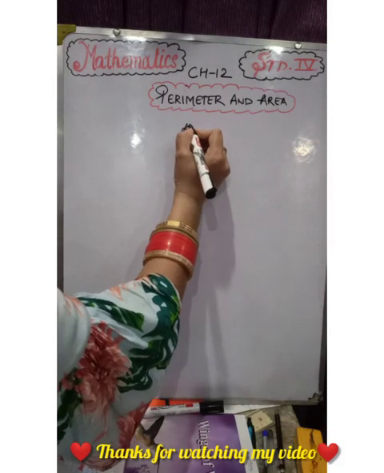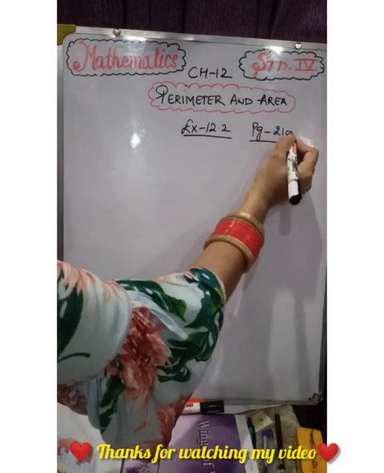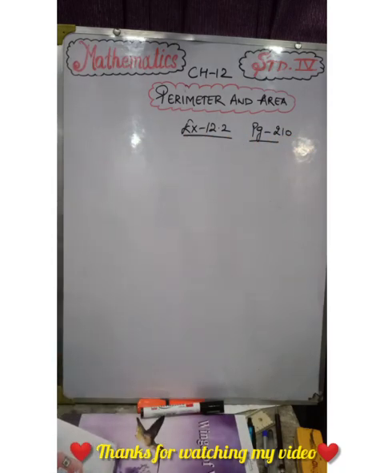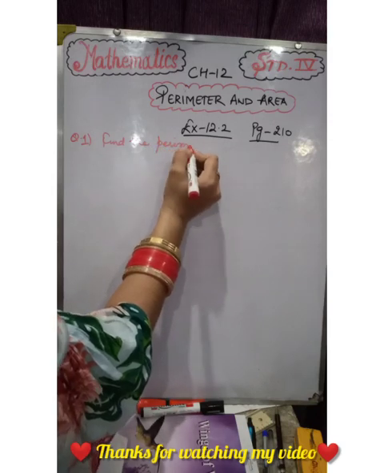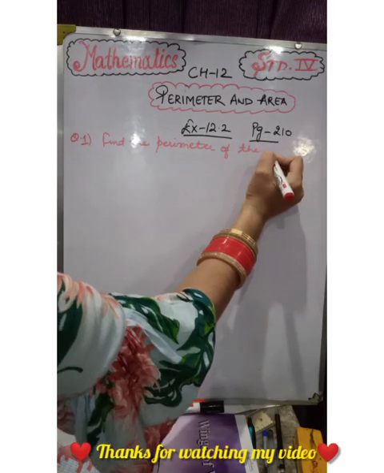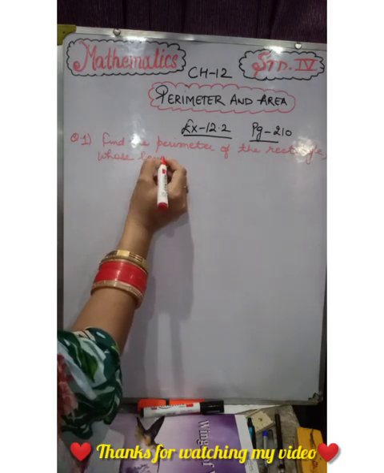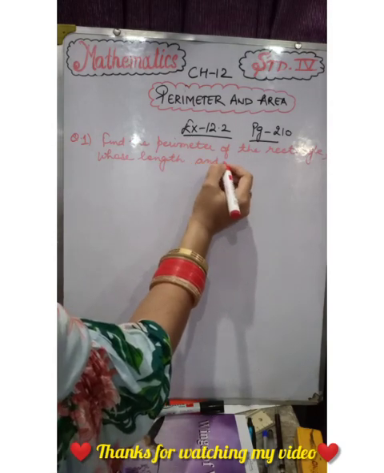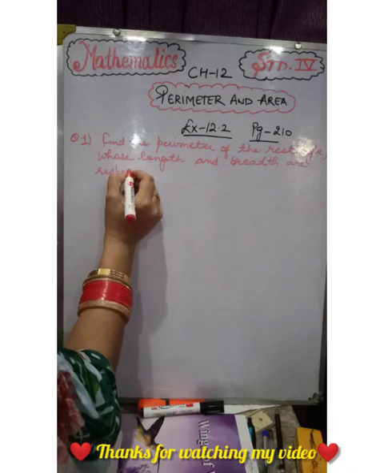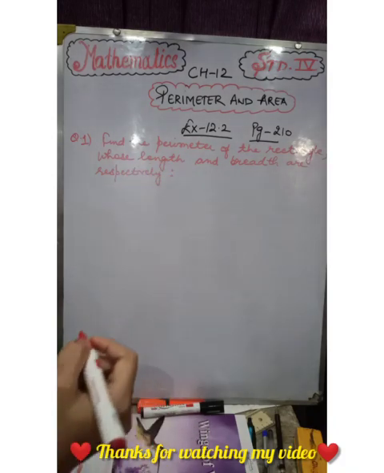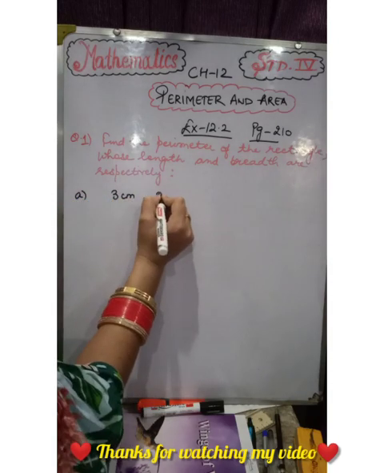In exercise 12.2, which is on page number 210, the first question is: find the perimeter of the rectangle whose length and breadth are respectively, say A part, 3 centimeter and 2 centimeter.